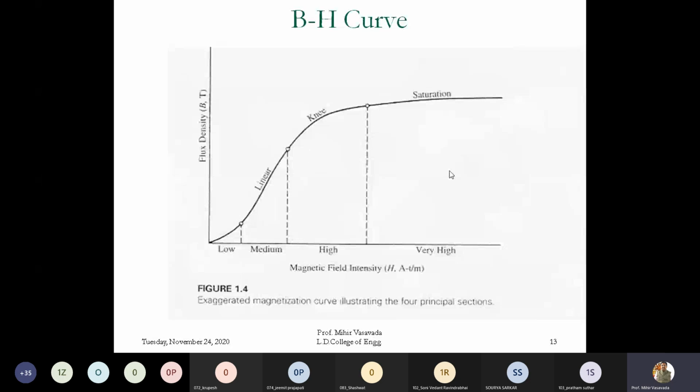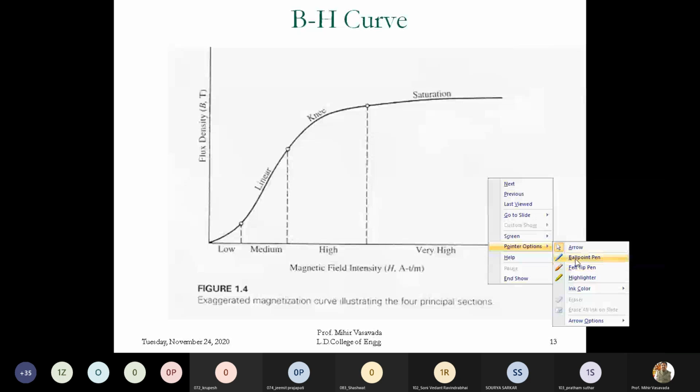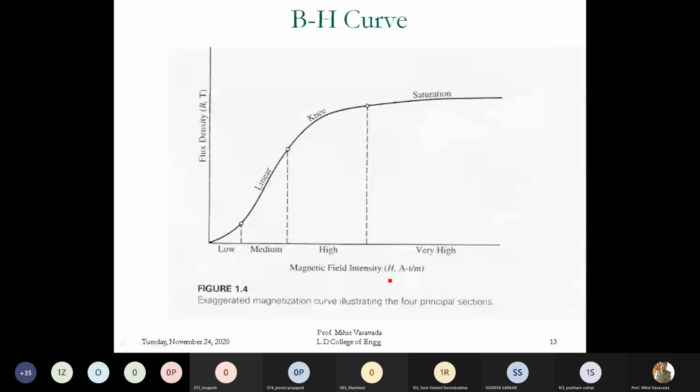We'll describe the BH curve in the next session in detail, but just to give an idea, when you change H, how can you change H? Tell me. H is Ni upon L, ampere turn upon length.